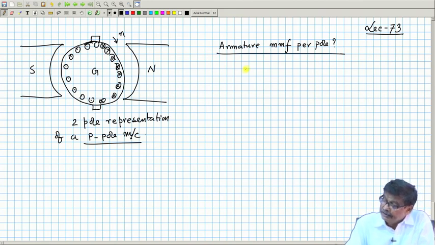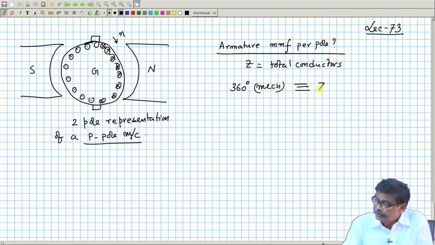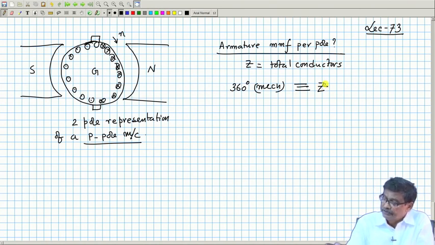So, Z is the total number of conductors, and over 360 degree mechanical angle, the number of conductors distributed is Z. So, I first calculate this one.